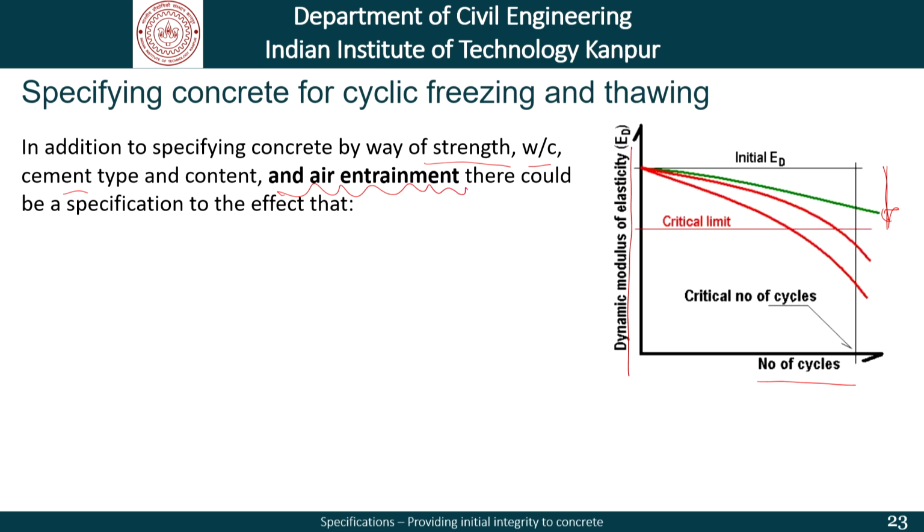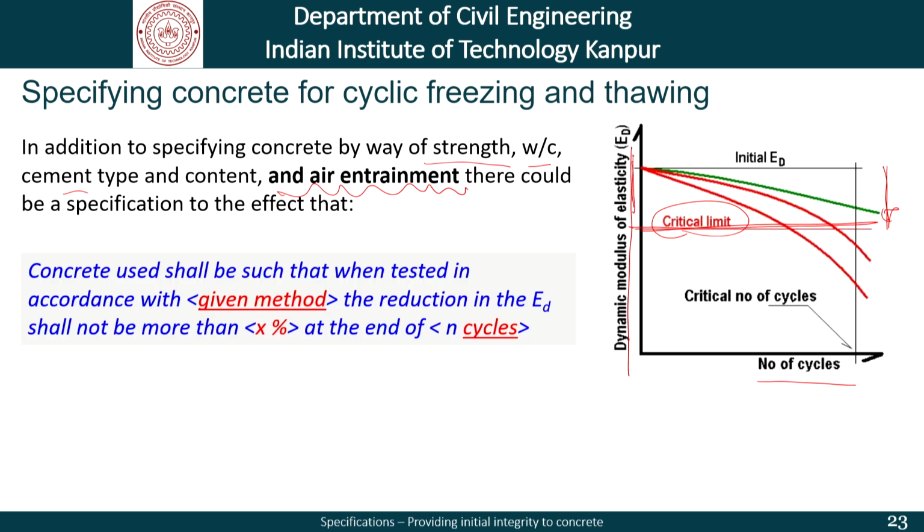So, if we are able to fix a critical limit of the modulus of elasticity, then we can talk in terms of a specification which could be written as: the concrete used shall be such that when tested in accordance with the method given here, with a certain number of cycles, a maximum temperature, a minimum temperature, the different durations and so on fixed, the reduction in ED shall not be more than some x% at the end of n cycles.